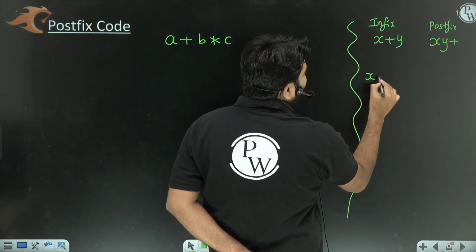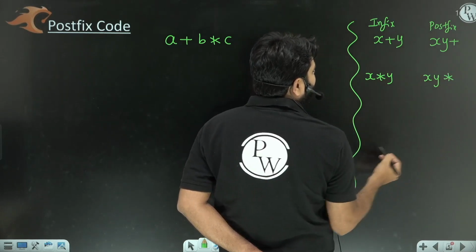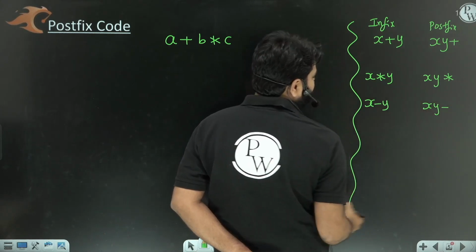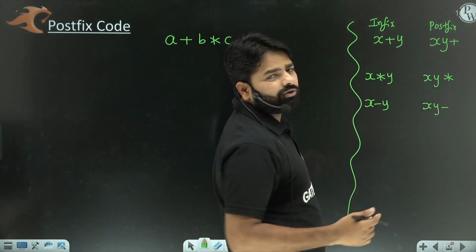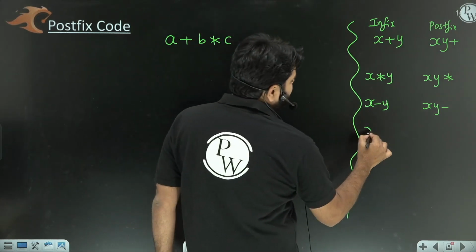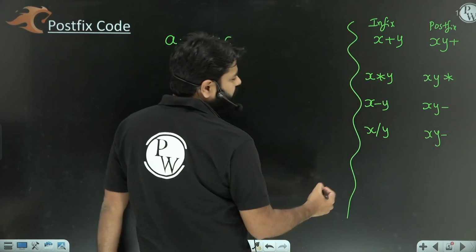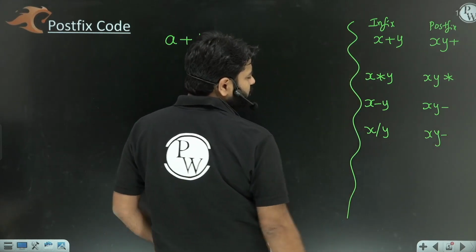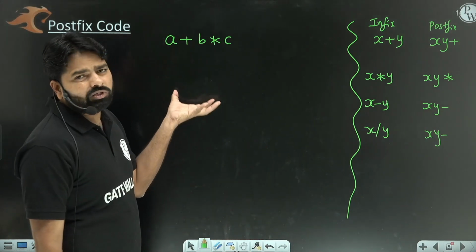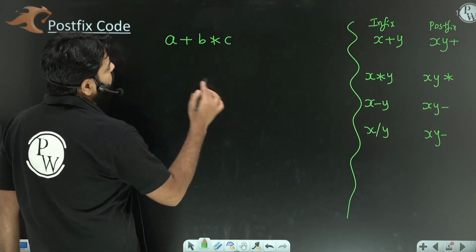When you have x multiply with y, you write x y multiplication. If you have x minus y, you will write x y minus, right? So similarly, you have a lot of expressions based on the operators available in the language. Now come to this expression, I want to convert into the postfix form, so that will be one of the intermediate codes.